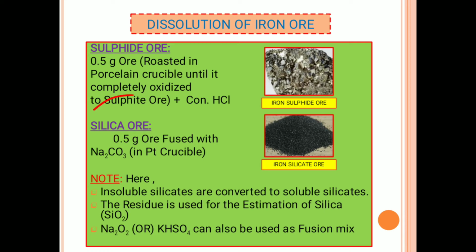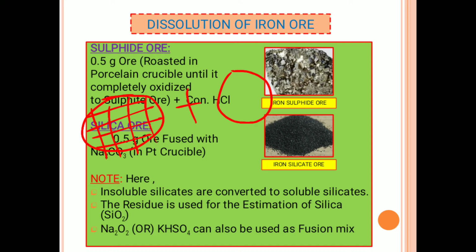Generally, iron ore has the strongest bonds in its structure.